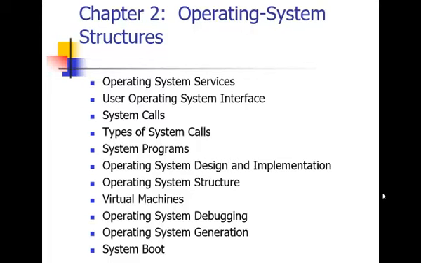So as I explained, initially we will see the different services and what is a system call, how a system call operates, and what are the different system calls available for different services, and what are system programs, different operating system designs and how they are implemented, and what is a virtual machine and the importance of it, and different ways of debugging an operating system, and how a system starts using an operating system.